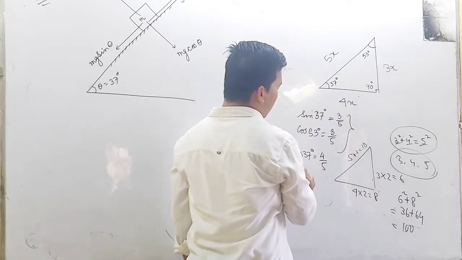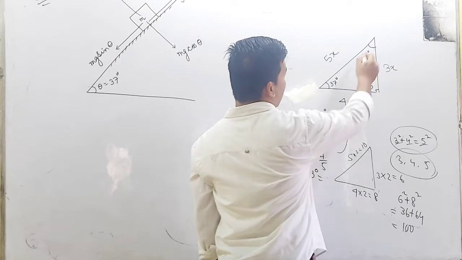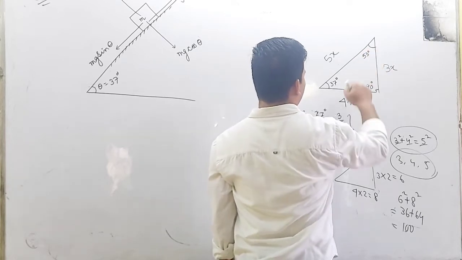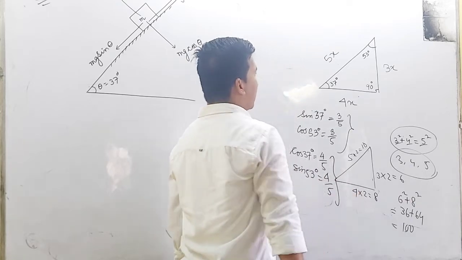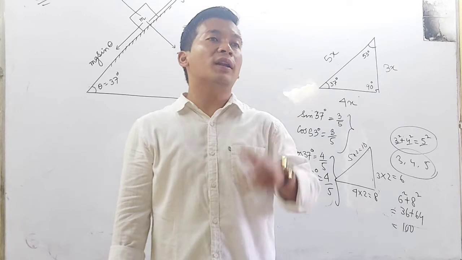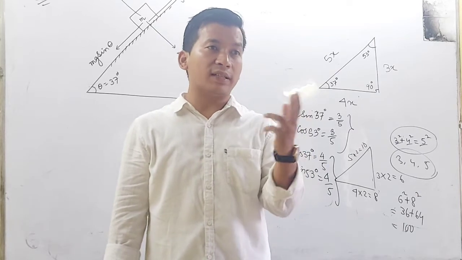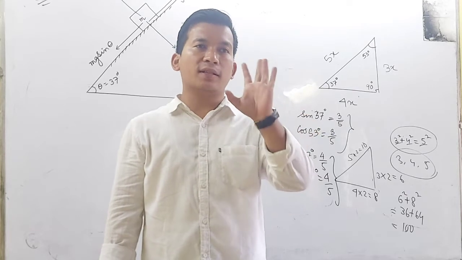Next, sin of 53 is 4/5. I will illustrate: these 37 and 53 are complementary to one another. The sum of two angles is 90, it is known as complementary angle.